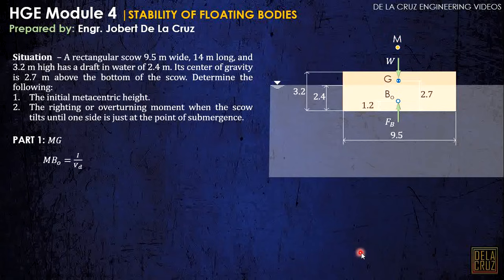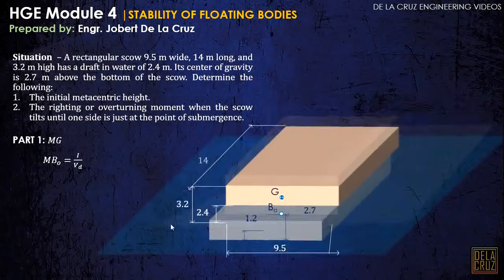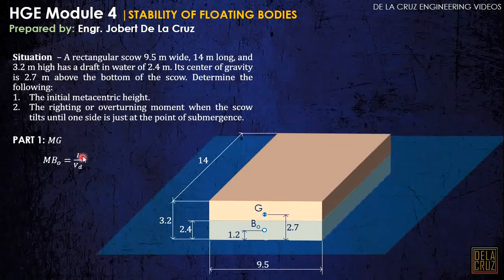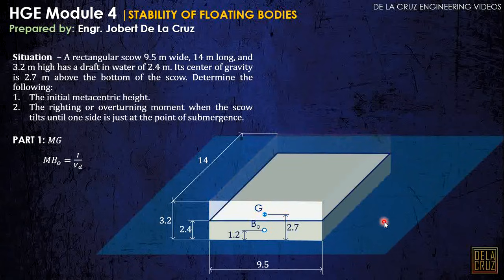We can just prove that. So we need to calculate the MBO first, from this point up to that point. By using this formula, since there is no tilting, it is better to use this one. So what is the inertia to use? Inertia is the inertia of the section that is in the plane of water. So in this case, as you can imagine, let me go back.